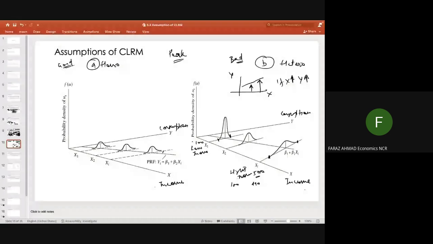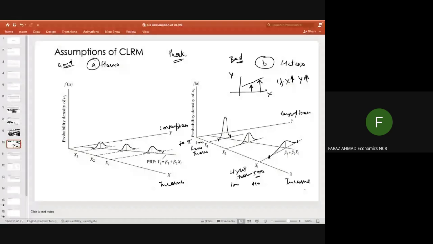But for those who are having an income of 100, they are consuming as low as, say, 70 and as high as 95. So the variability, which is clearly evident in these numbers, is very less, from 70 to 95. That's the variability. But here it is 100 to 490, which is very high.